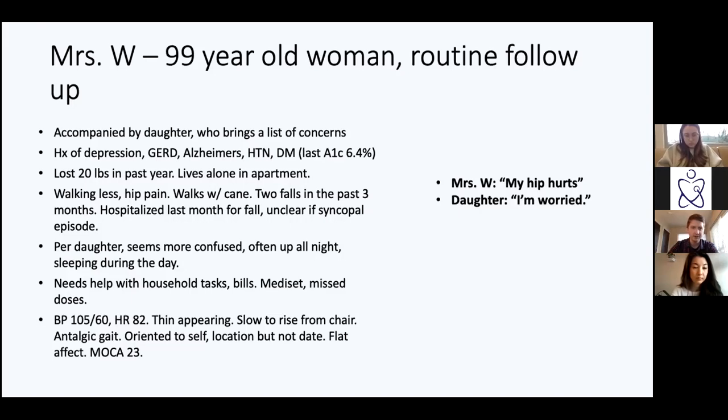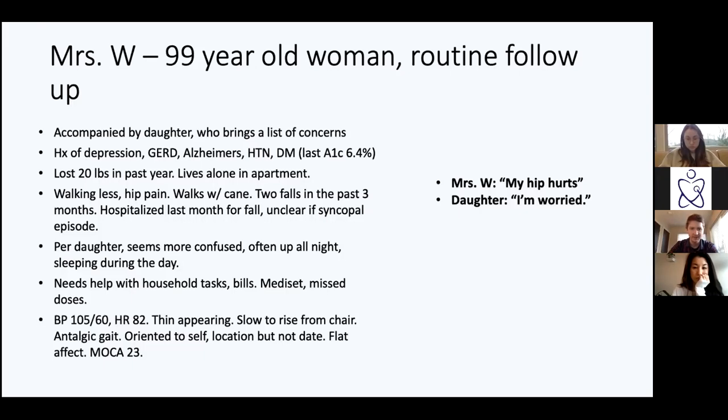For her daughter, she seems a little bit more confused. She's often up all night and then sleeping during the day. She needs help with some basic household tasks and bills. She does have a Mediset, but there's often doses of medications that are missed. Her blood pressure is 105/60. Her heart rate's 82.